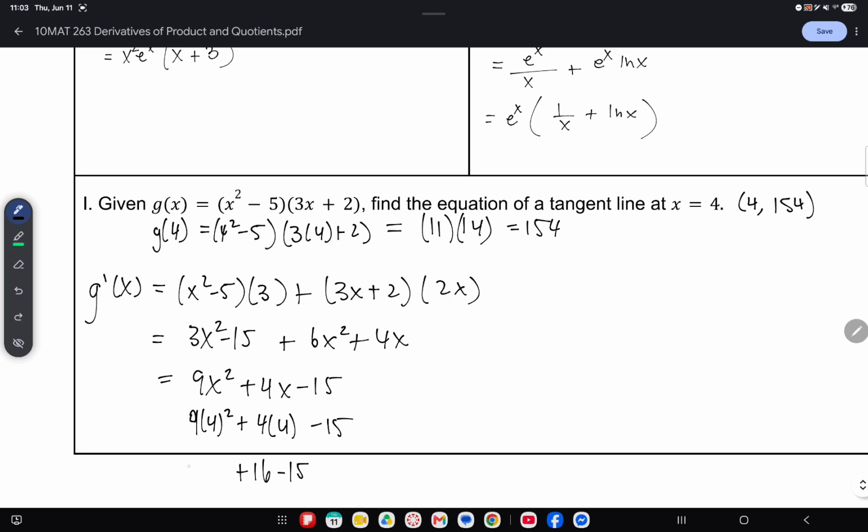So we can get our slope. So let's see, 16 times 9. These are really big numbers here. So 144 plus 16 minus 15 is going to be 145, and that's our slope. So y equals the slope, x minus the x value plus the y value.